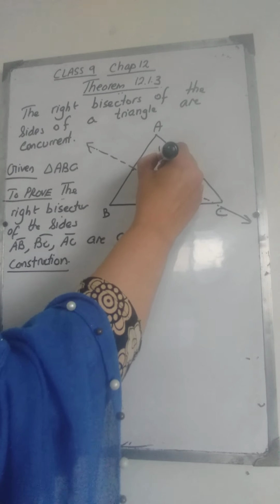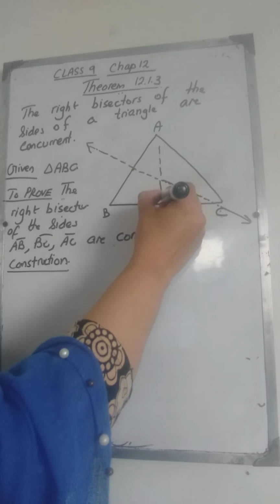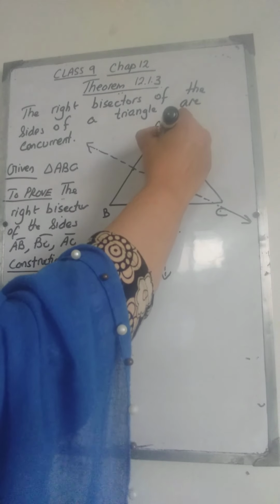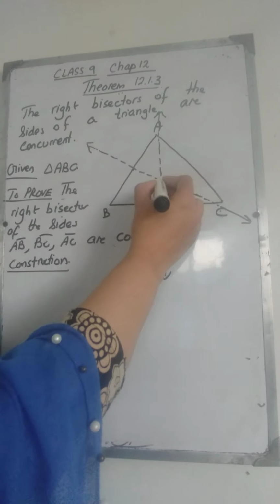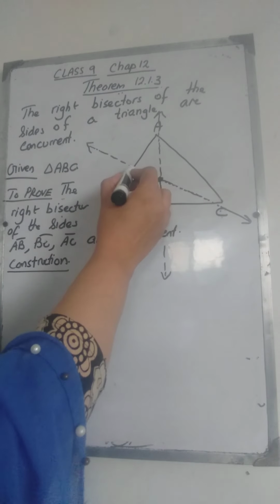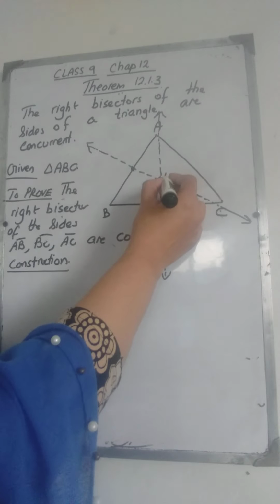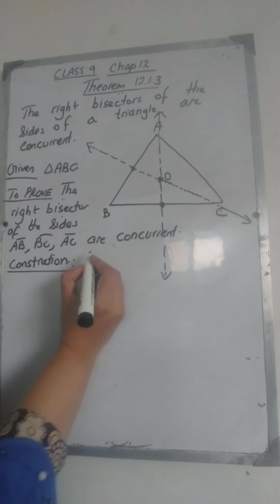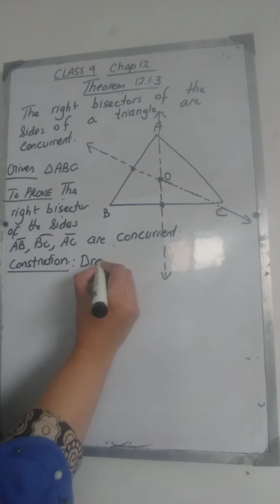Let this be the bisector of the second side. Now, they will definitely meet at a point. Let that point be denoted by O.